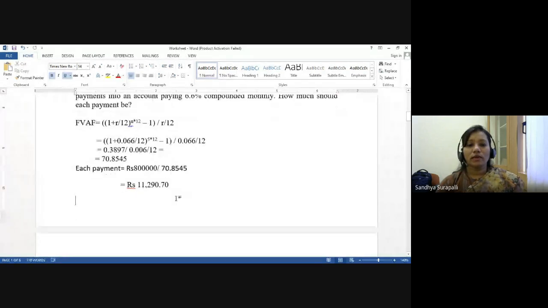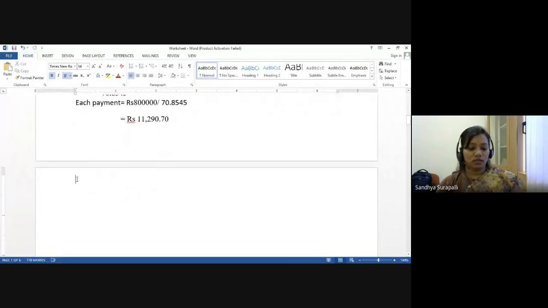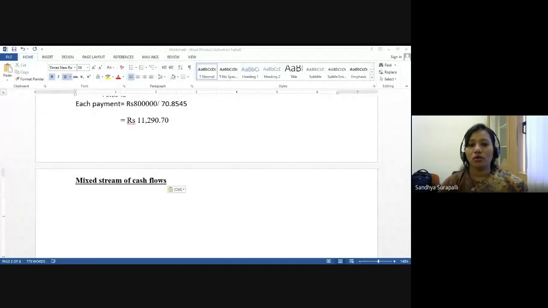Now till now we were doing annuity cash flows. That is, we assumed that every period the amount of cash flows was the same. But in reality, that may not be possible in all cases. Sometimes in business, especially when you have cash inflows, it will depend upon the sales revenue, and we cannot guarantee that every year you will have a fixed amount of sales revenue.